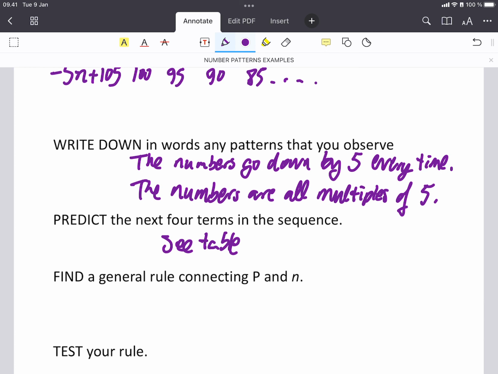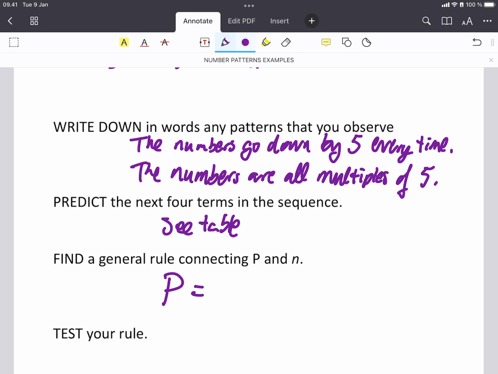So the general rule is P equals minus 5n plus 105. And again, you need to write that as an equation. Something is equal to something else.